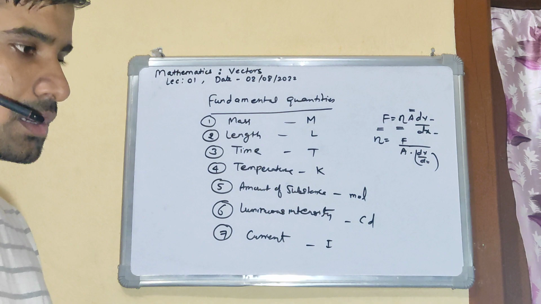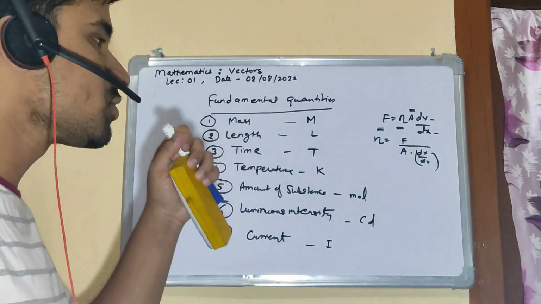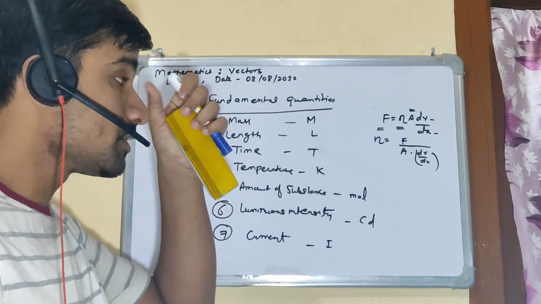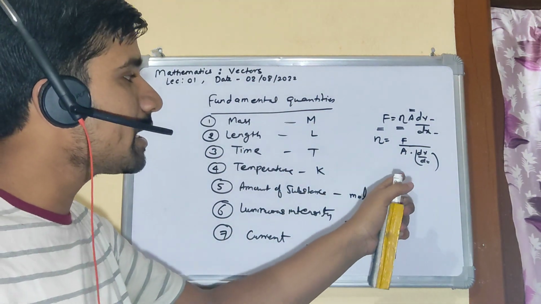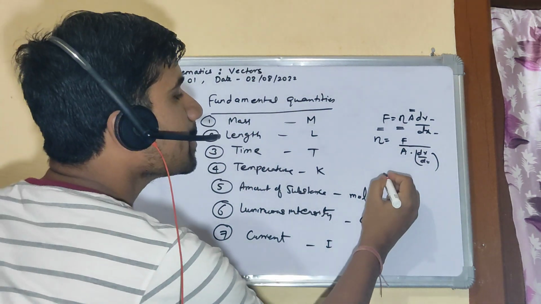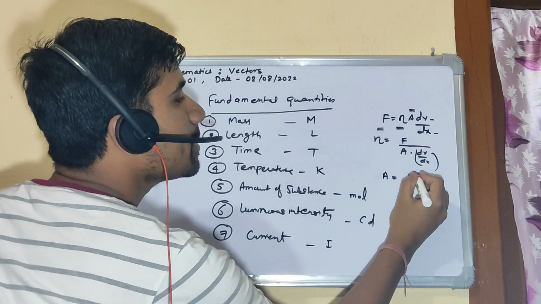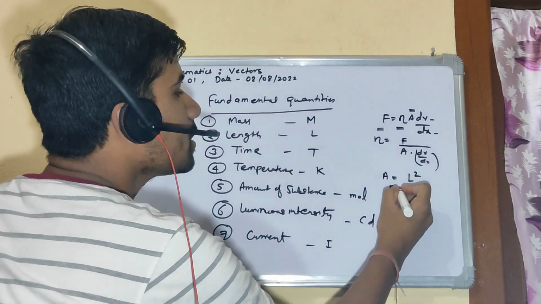So now if I need to find the dimension of this eta, this symbol is called eta, what is the dimension of this eta? For that I need the dimension of force, the dimension of area, and the dimension of dv by dx, right? Area is nothing but length squared. So you know the dimension of area will be L square. Simple. Okay. Force is what?